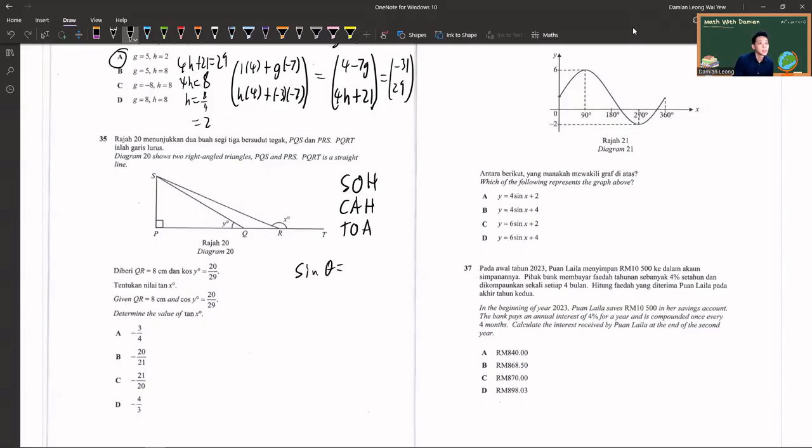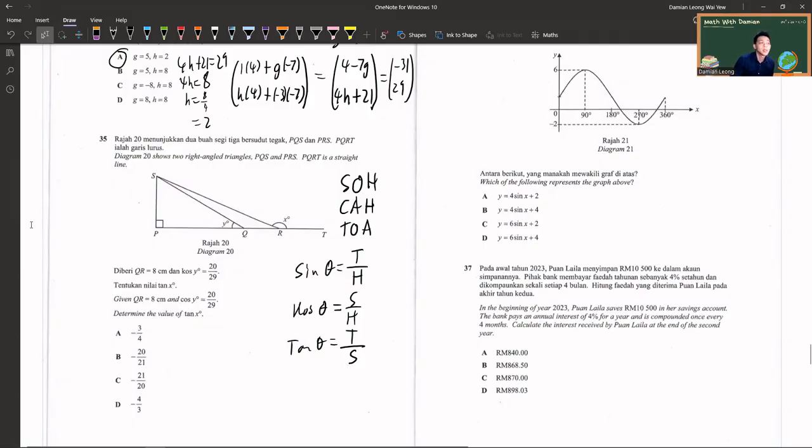Sin theta adalah tentang over hypotenuse. Cos theta sebelah over hypotenuse. Tangent theta tentang over sebelah.